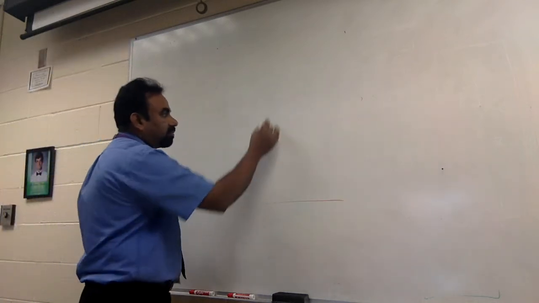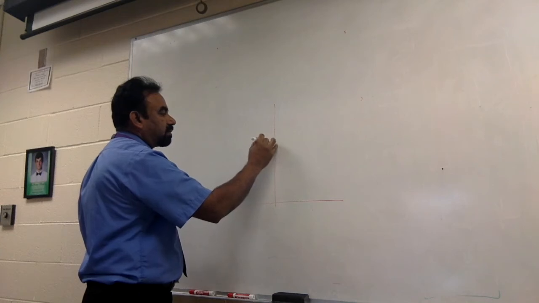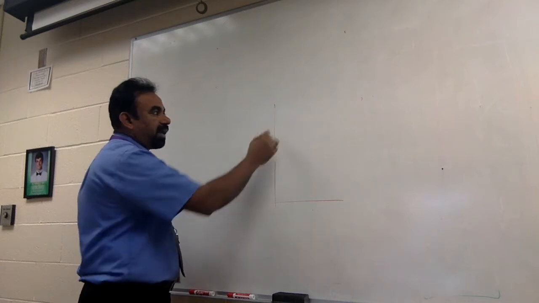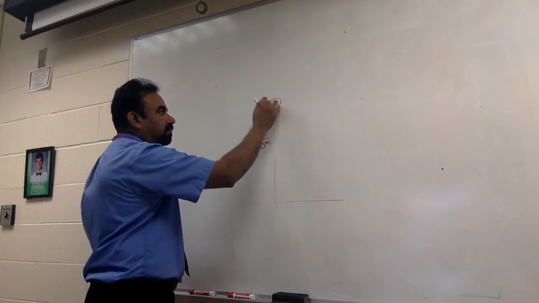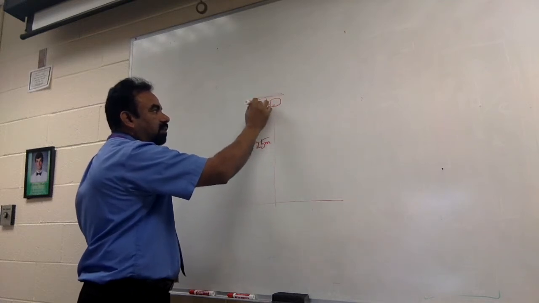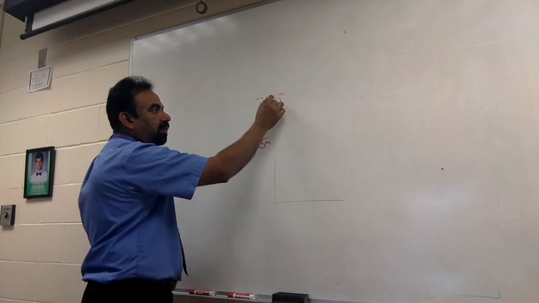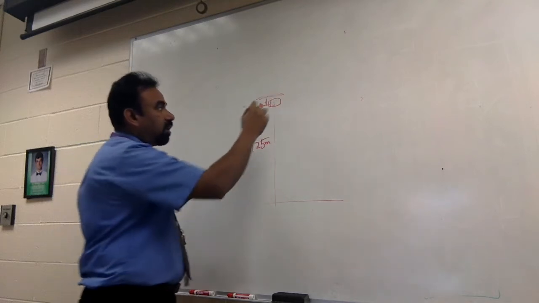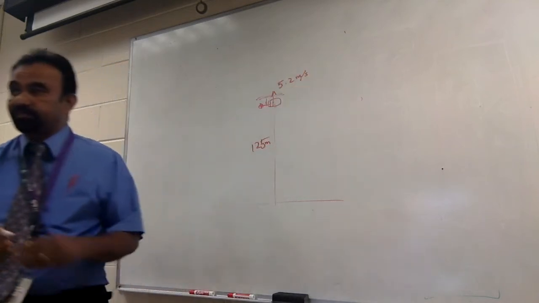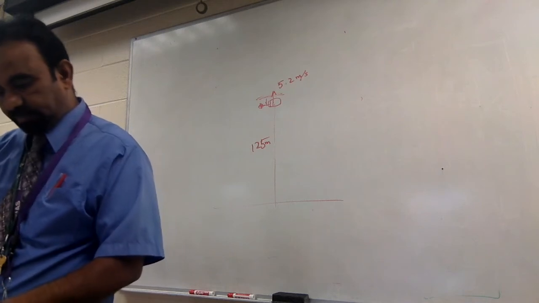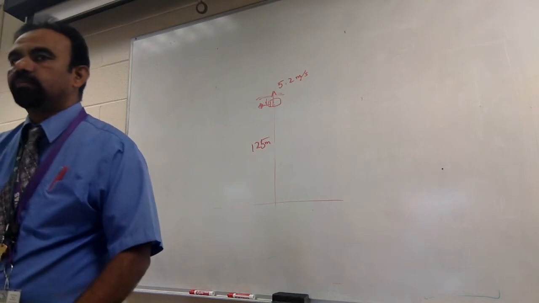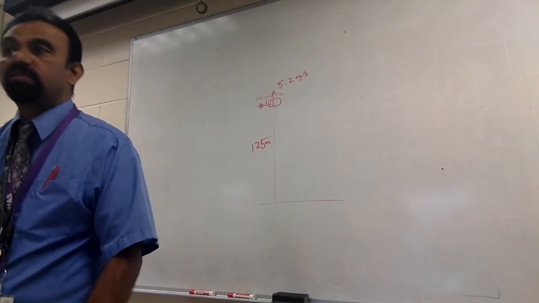So that's the ground, and at a height of 125 meters a package is dropped from the helicopter, while the helicopter was moving up at 5.2 meters per second. How much time does it take for the package to reach the ground?